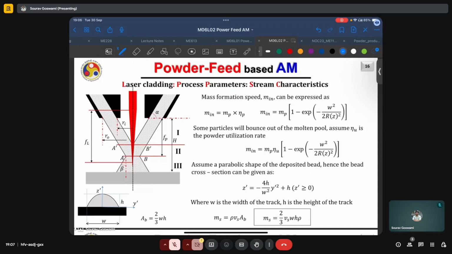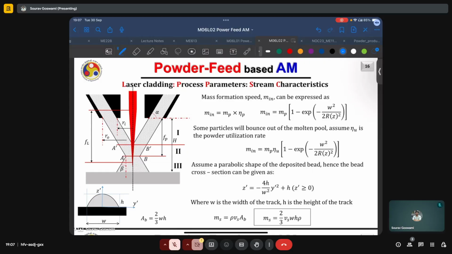The mass accumulation or mass formation speed M in can be expressed as MP into eta P, or M in equals MP times 1 minus e power minus W square by 2R square. Some particles will bounce out of the molten pool, and let us assume that eta U denotes the powder utilization rate.